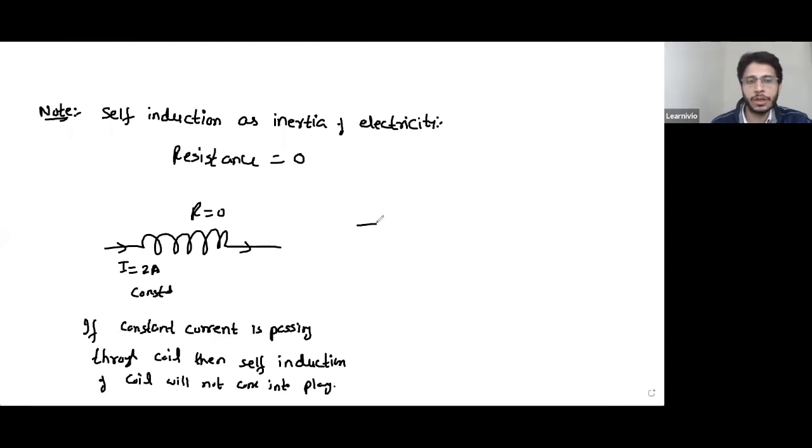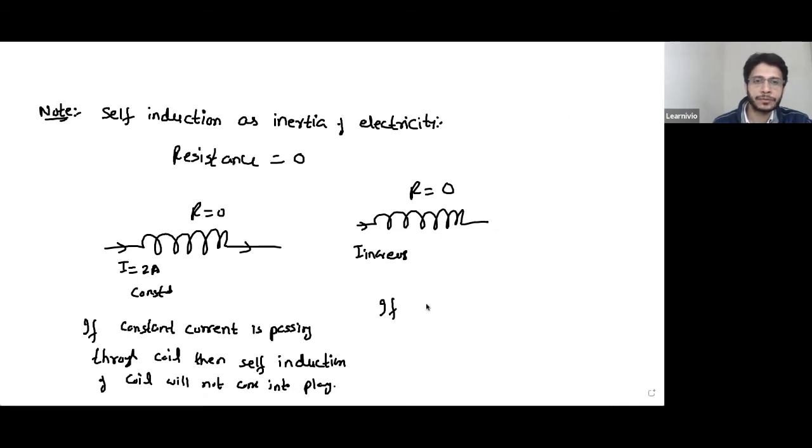So if in this coil, with R equal to 0, the current is increasing, then self-induction will try to oppose this increase in the current.